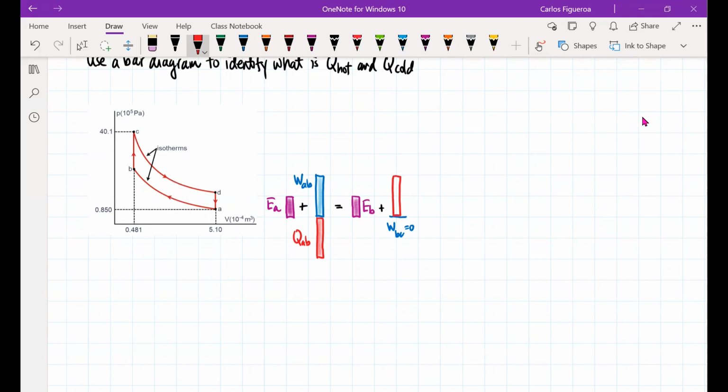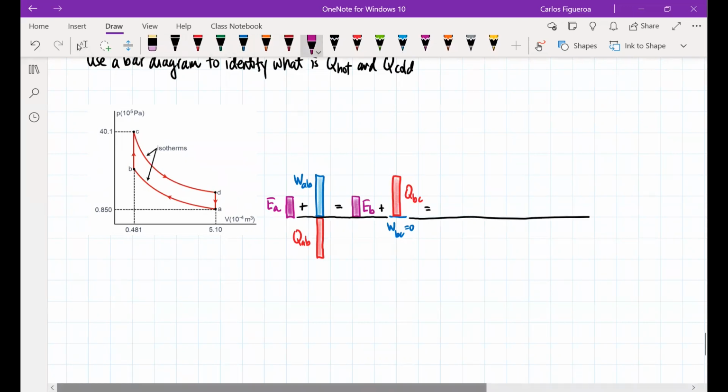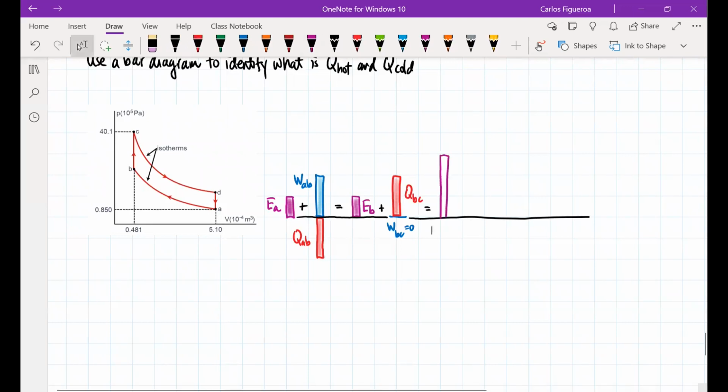So then this is the heating from B to C. Since that's 2 squares, I have to increase my internal energy by 2 squares. So now my internal energy goes from 1 square all the way up to 3 squares. And so this is my internal energy at C.